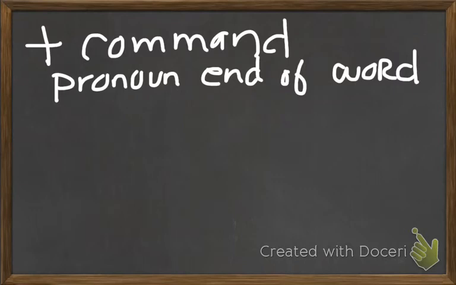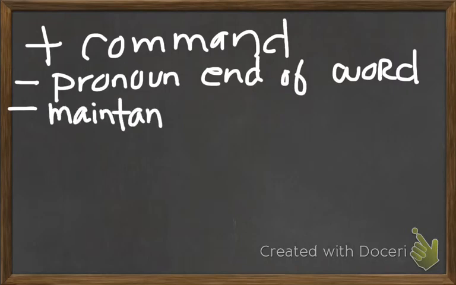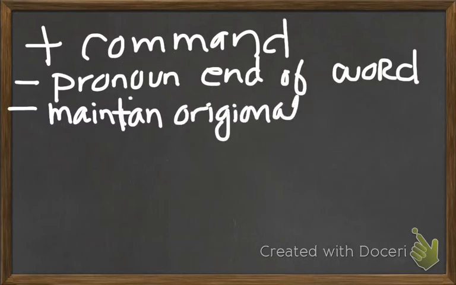So together it makes one long word with the pronoun at the end. But the other thing you need to do is maintain the original stress. So what does that mean? We'll talk about it a little bit more next class.